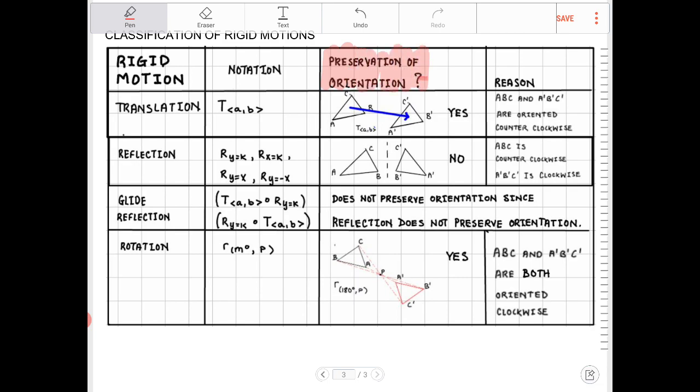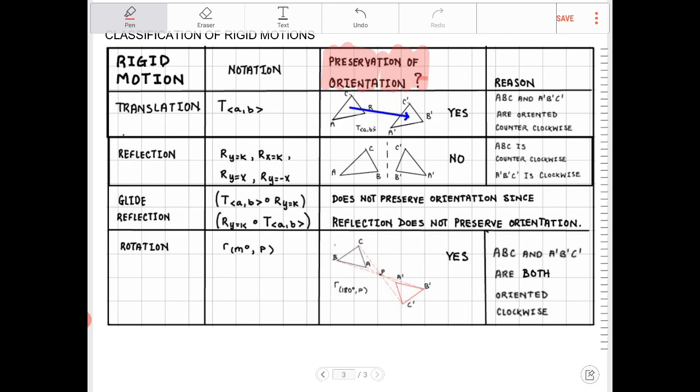If you look at a translation, it just moves an object horizontally or vertically. The orientation of it is preserved. Notice that triangle ABC is going counterclockwise. The image A prime, B prime, C prime is also counterclockwise.